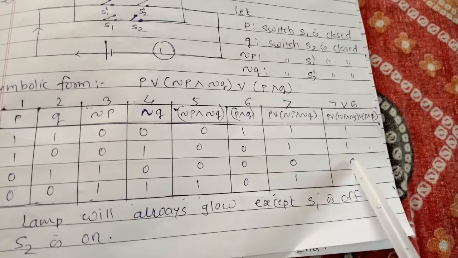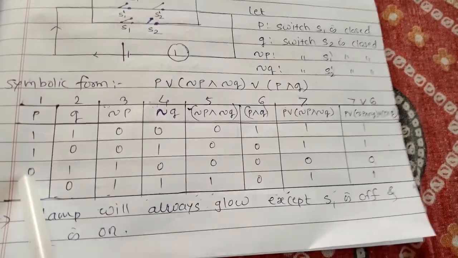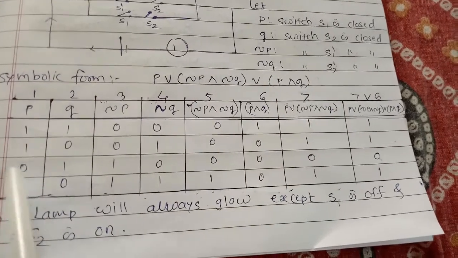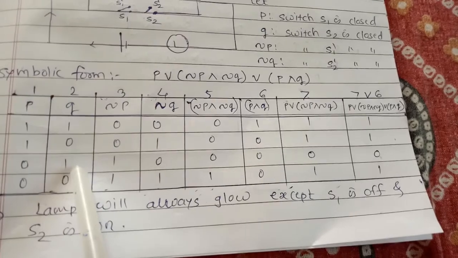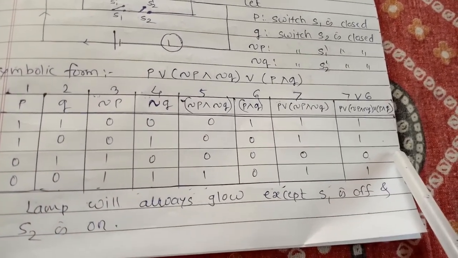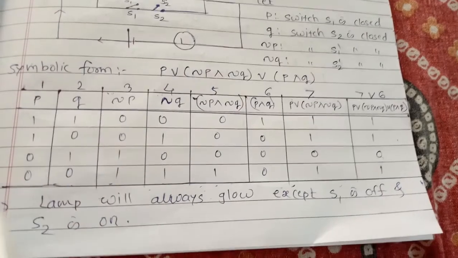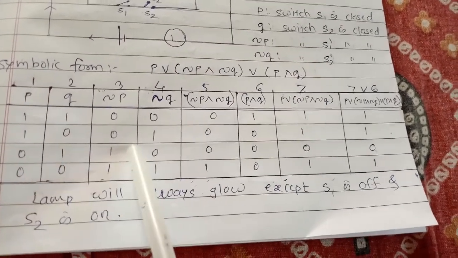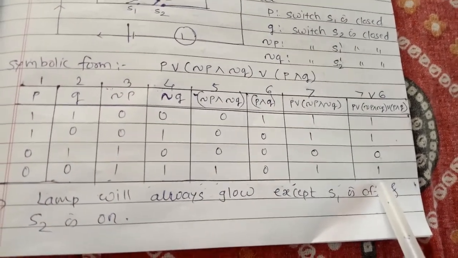In this case where we see 0 0, the lamp will not glow, meaning if S1 is off and S2 is on, then the lamp will not glow. It glows except in this condition. So the lamp will always glow except when S1 is off and S2 is on. Only in this condition the lamp will not glow; in all other conditions it will glow.